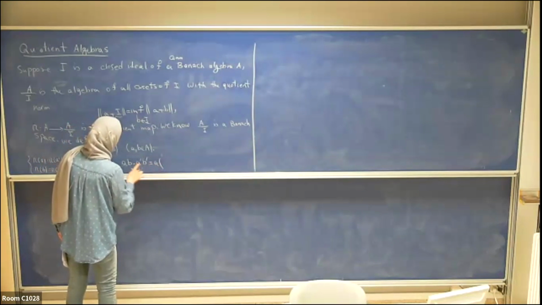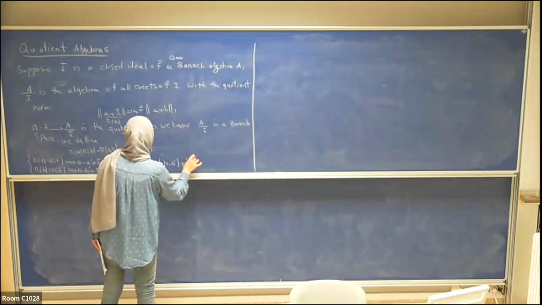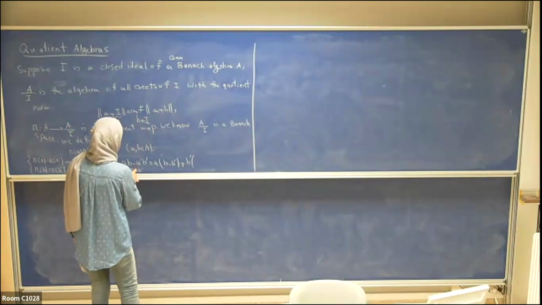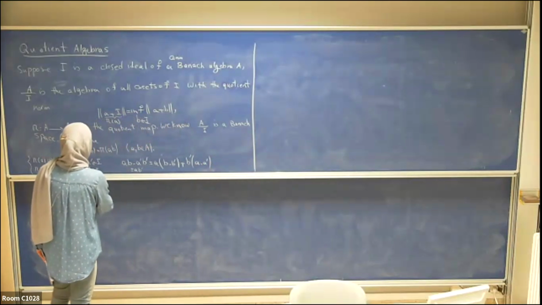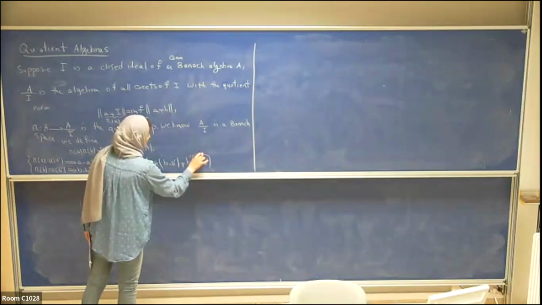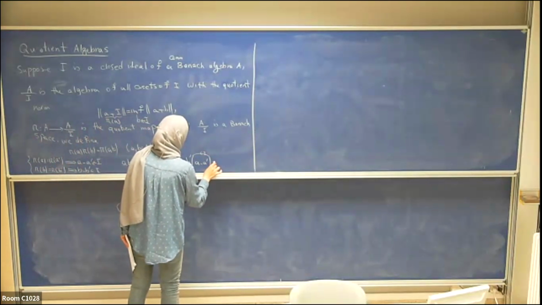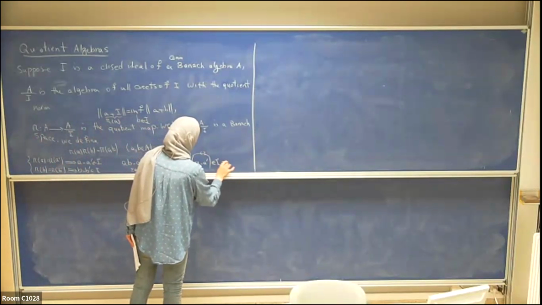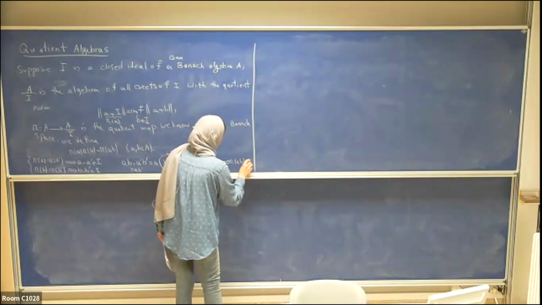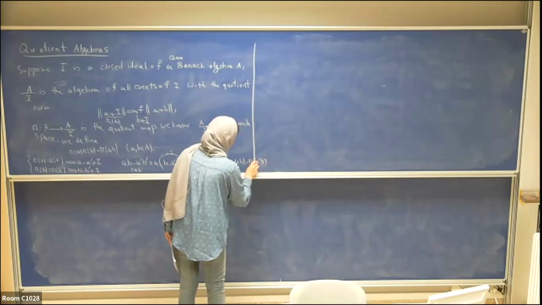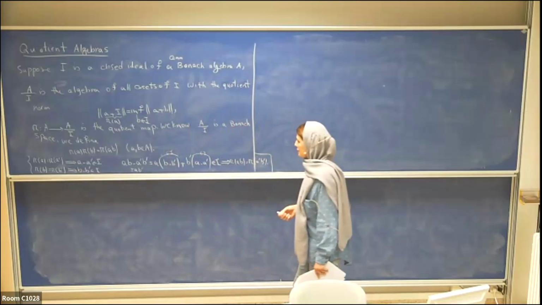So we have a(b minus b prime) plus (a minus a prime) b prime. This one is in I, this one is also in I, and finally this element is in I. So we can say that P of ab is equal to P of a prime b prime. So the multiplication is well defined.